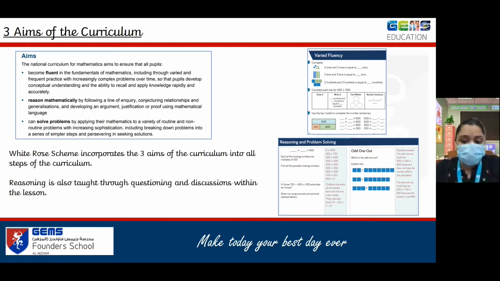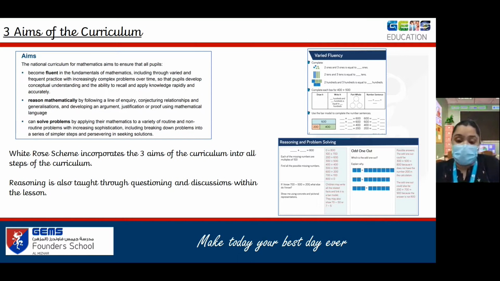The second part, after fluency, comes reasoning, where the children are given some questions and are expected to give their justification, state their argument, and explain their answers. So, why they think the way they do, for which they have to give the reason.